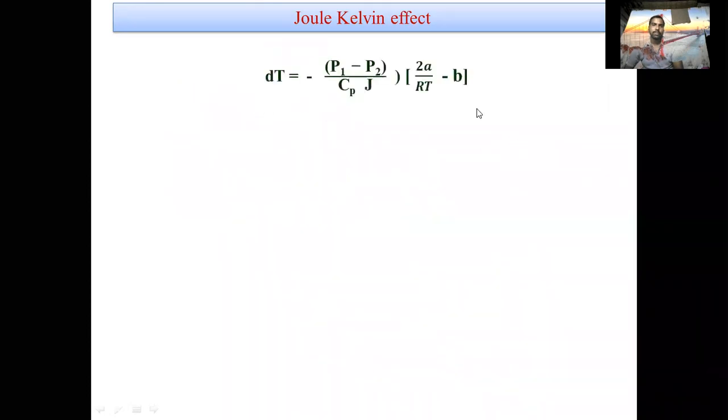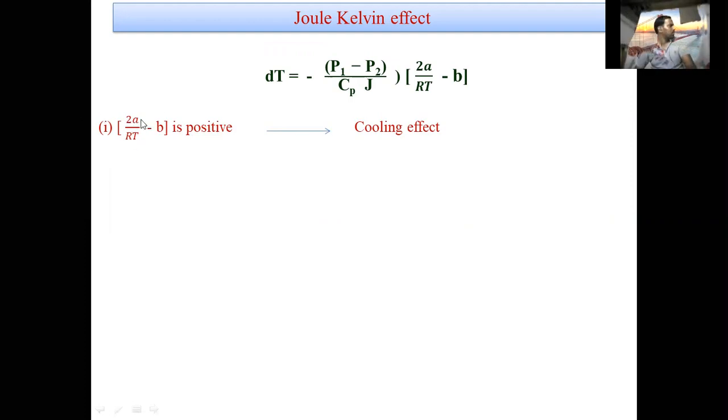Now 2A by RT minus B is positive; at that time the cooling effect is there. Positive means delta T is a negative value.